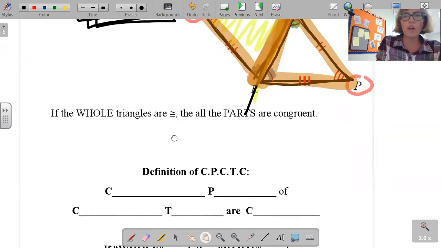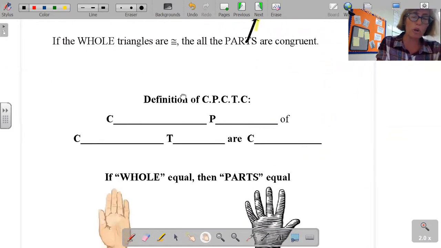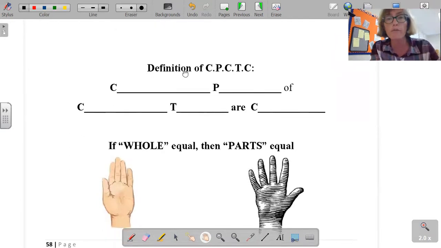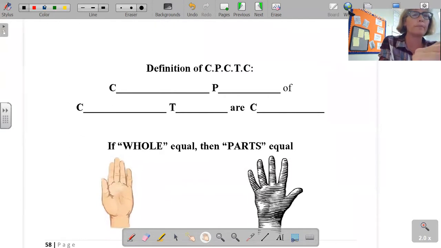Now we get to this acronym you had earlier, CPCTC. It sounds super complicated. Let me give you the complicated version, and then as usual, I will give you the simplistic version.